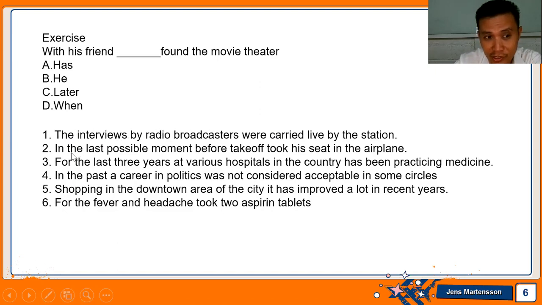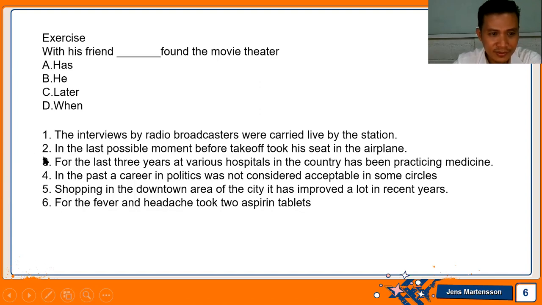It has a subject, the interviews, and the word carried is the verb. By the station is the object of a preposition. That is a good sentence. It has a subject and also a predicate.